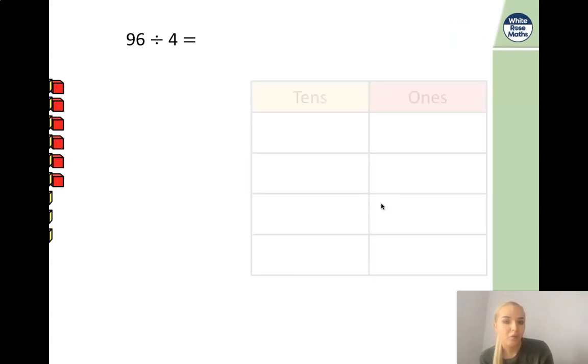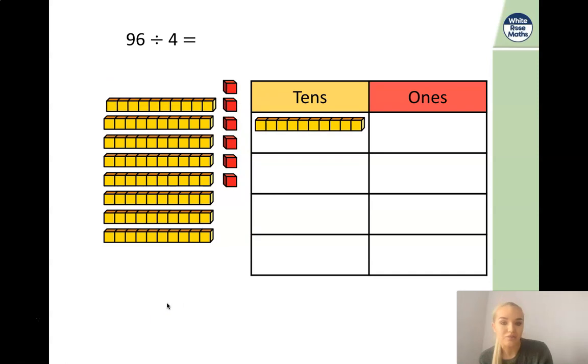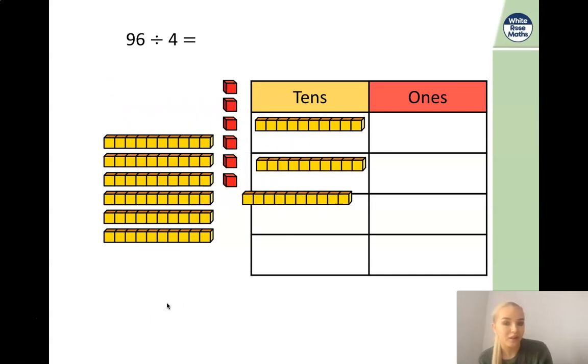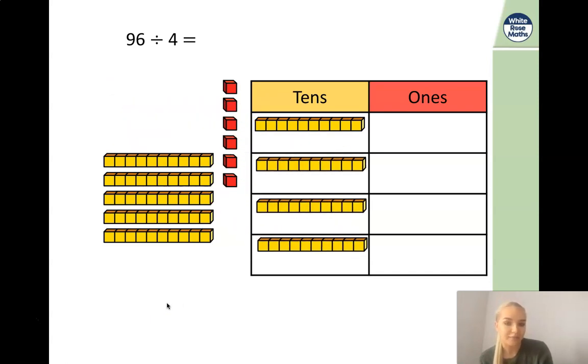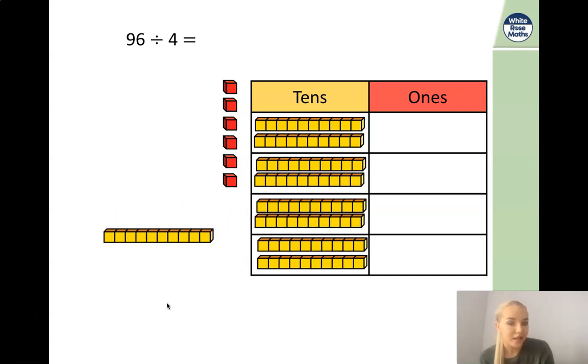Okay, so what we can do using our base 10, we've got our chart here, and we know that because our divisor is 4, we need 4 different rows. We're going to start by putting our tens in each of the boxes until we think we have used as many tens as we can. So at the moment we've got 1 ten in each box, and we know that we can still add more tens, we've still got more left over. We've got 1 ten left over.